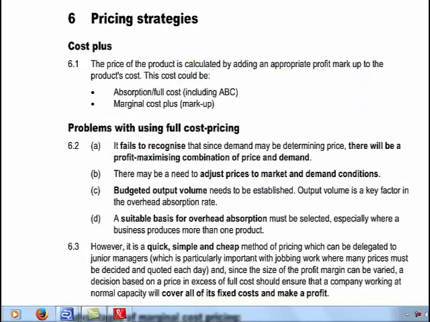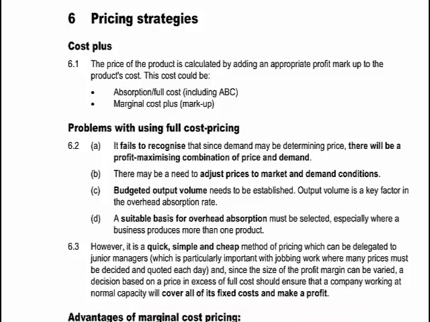One of the reasons why companies want to work out the cost of producing a unit under either marginal costing or absorption costing is so that they can use this to determine the price to charge for the product. Cost plus pricing, the idea of working out the cost to produce the product and then adding some kind of profit markup that's required to the cost, is a very common pricing strategy.